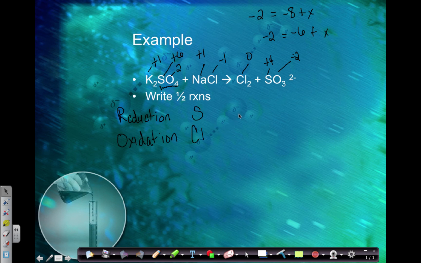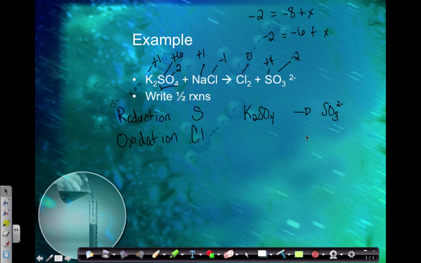All right, so reduction happens with sulfur. So what we have on the reactant side is going to be K2SO4. And on the product side, it becomes SO3 with a -2 charge.